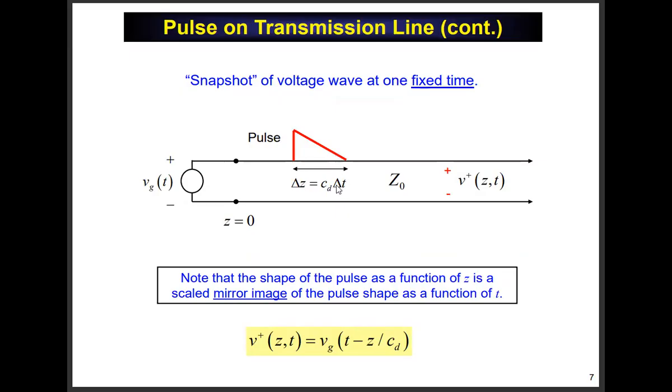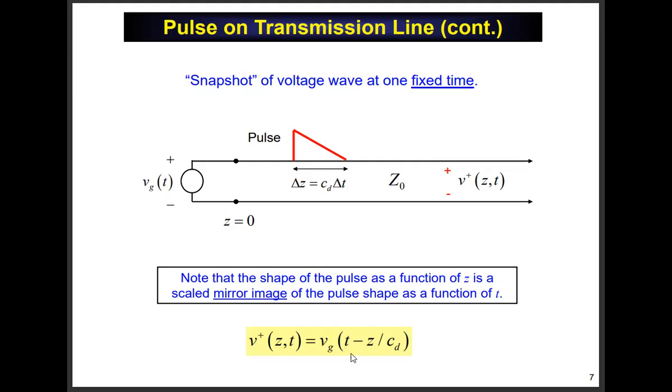It's the mirror image. Now, mathematically, the reason is just look at the equation, right? So if I'm, let's say, at a fixed z, maybe z equals 0, and I'm plotting versus time, and time is getting bigger, I see VG of t. It's like the usual shape of the sawtooth, right?